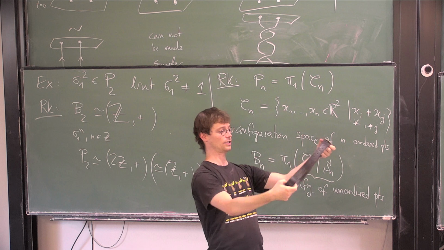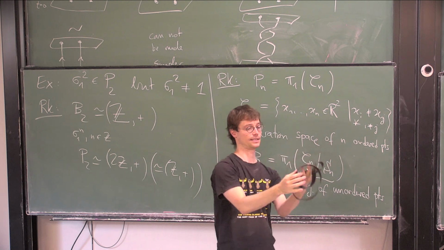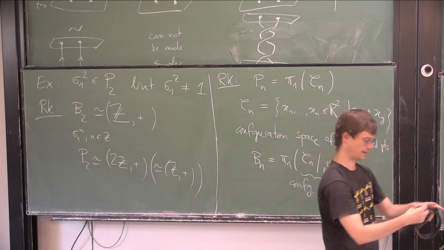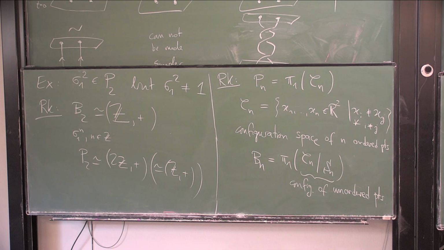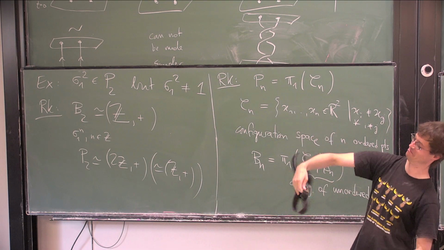But even this unknot, I can wiggle it around, do some stuff. And if I just show it to you like this, you might not even be able to decide whether this is the unknot or not.